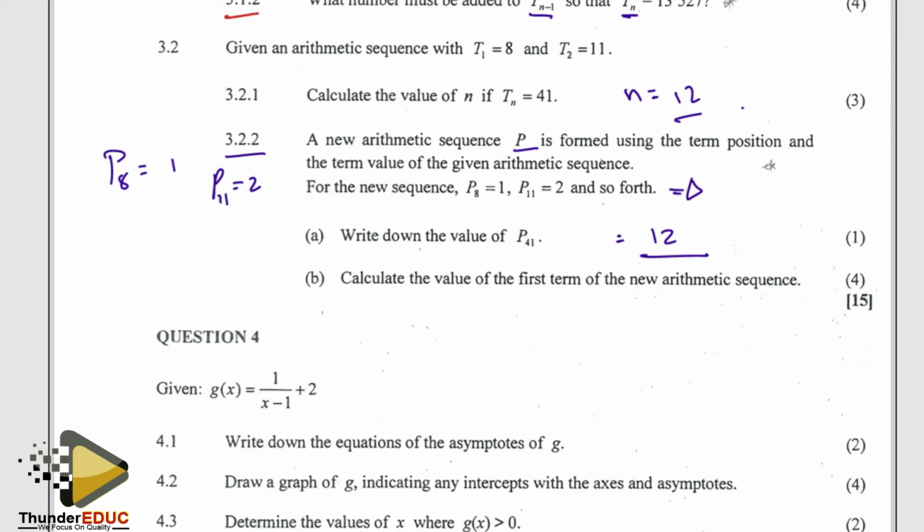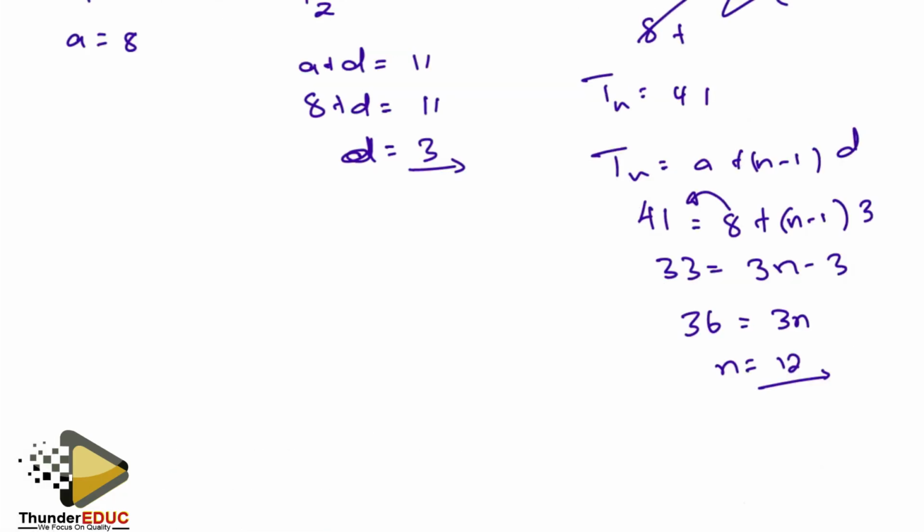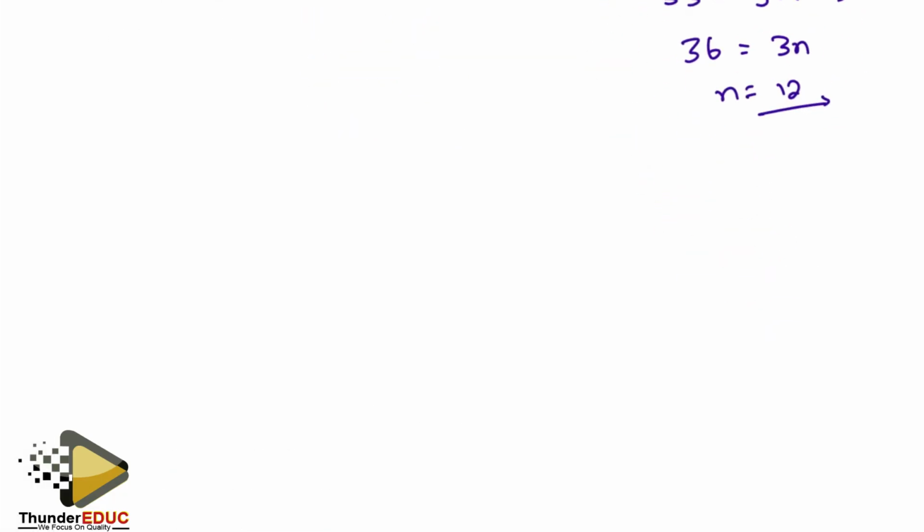Then part B, calculate the value of the first term of the new arithmetic sequence. So what we do with this, just go through the same sort of process. What do they want? They want the first term. So instead of using Tn, I'll just call it Pn.